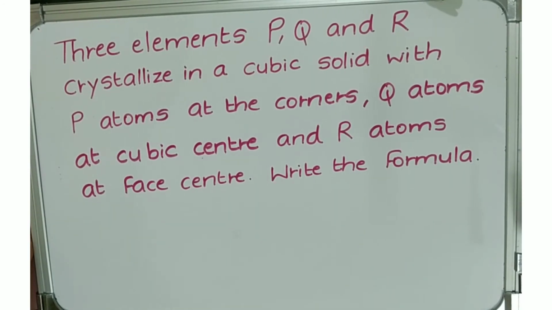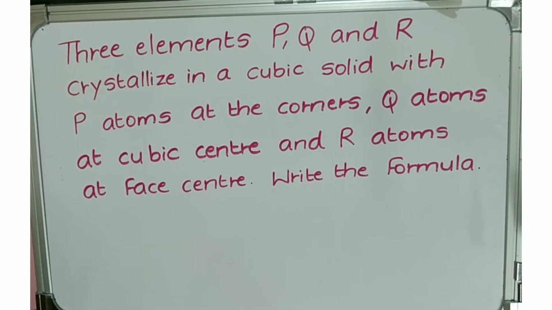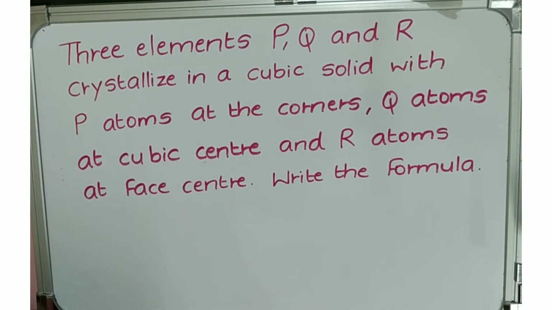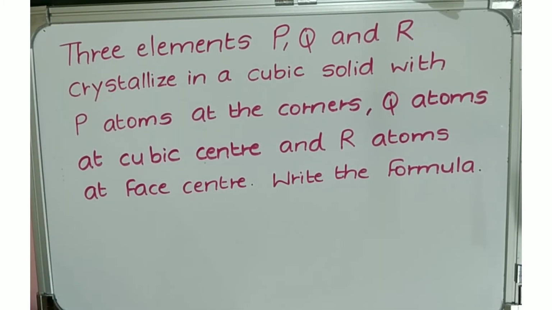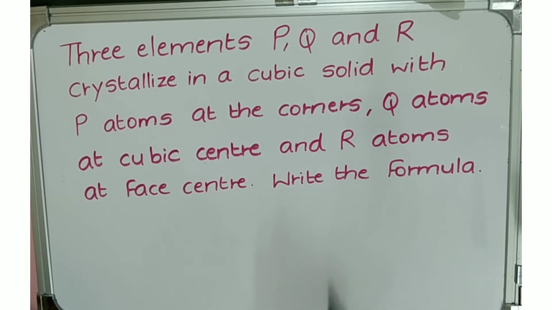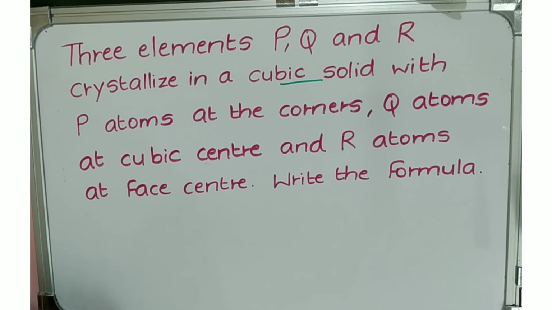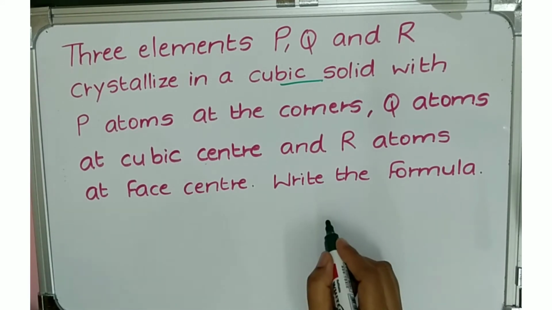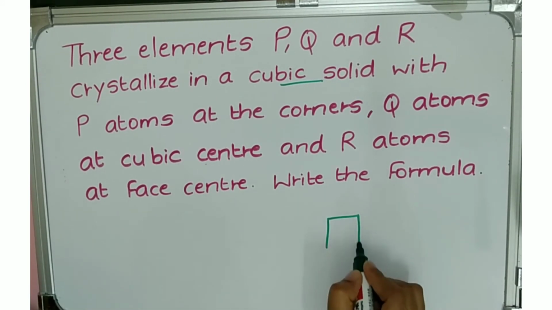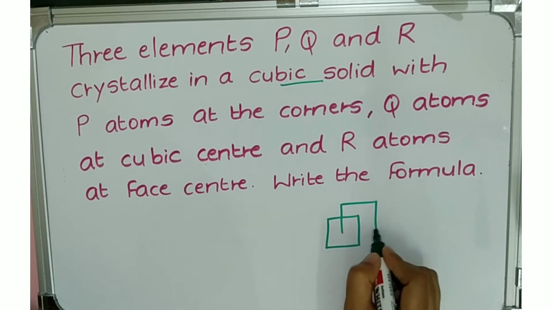So see the next question. 3 elements P, Q and R crystallize in a cubic solid, that means they are crystallizing together in a cubic solid with the P atoms at the corners. Correct. Now imagine one cube. Cubic solid is given. This is a cube.